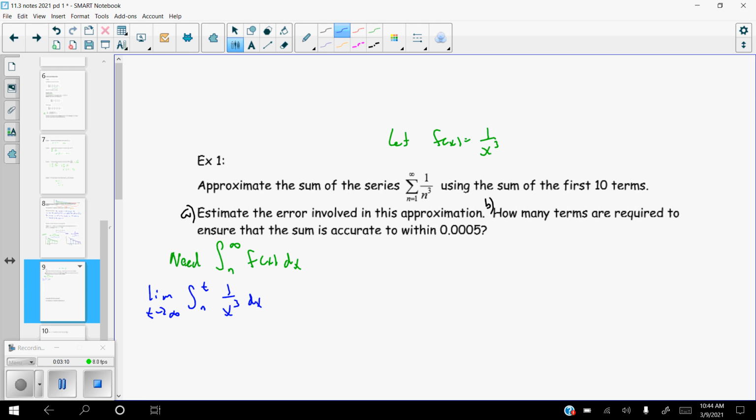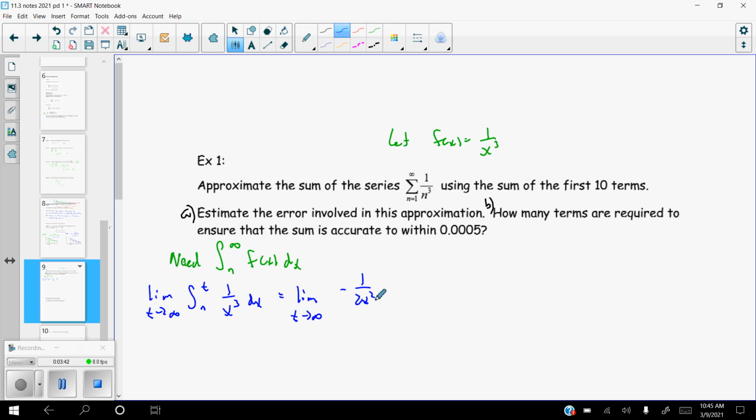Then we're going to perform this just like any other improper integral. The antiderivative of 1 over x cubed, which is the same thing as x to the -3: if we raise that power by 1, we get x to the -2, and then we divide by -2. So we get -1/2 x to the -2, or -1 over 2x squared.